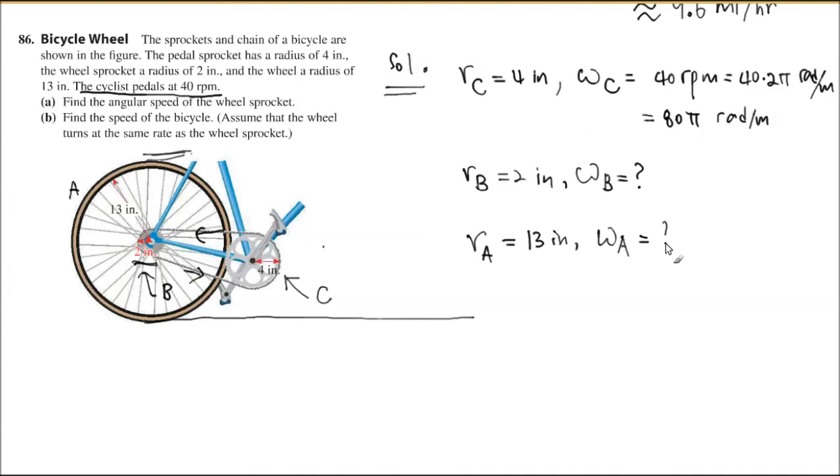That's the situation. So what does it mean by assuming that the wheel turns at the same rate as the wheel sprocket? That's a very good point. That's how these disks are related. That's the next thing. So we just look at locally. We look at this disk, try to write down information that's given. The other disk, information given. We want to relate these to each other, and that information is the key information, right? So this is what's given for individual things, so let's relate it to each other.